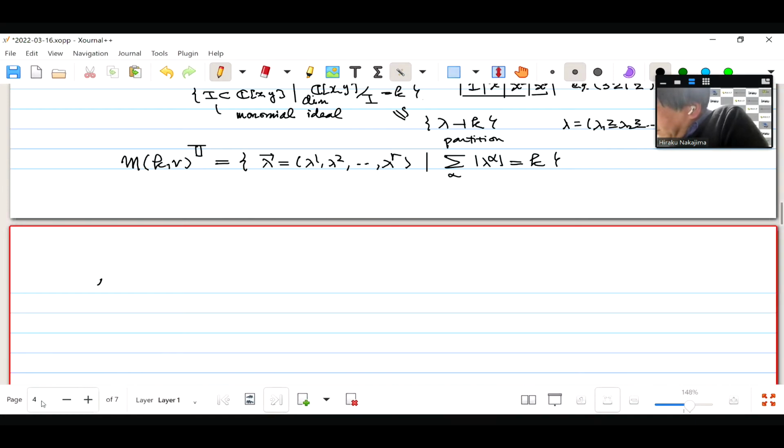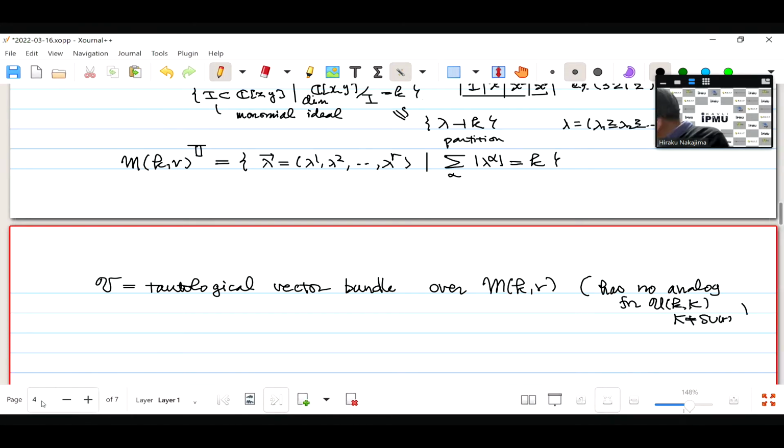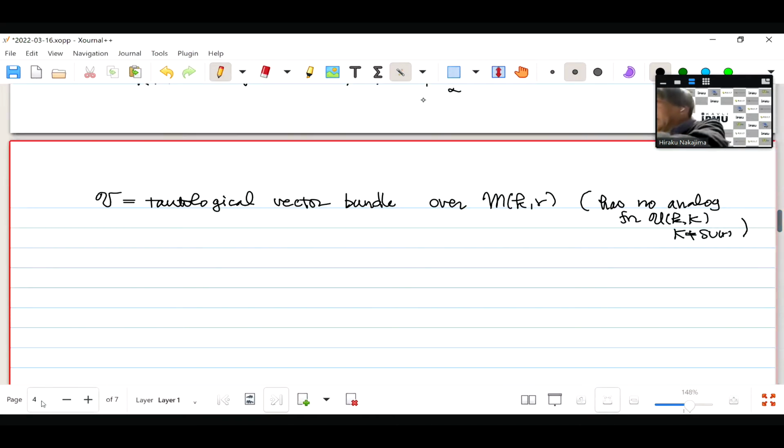And then I also need to use the so-called tautological bundle. So this is a tautological vector bundle over M(K, R).